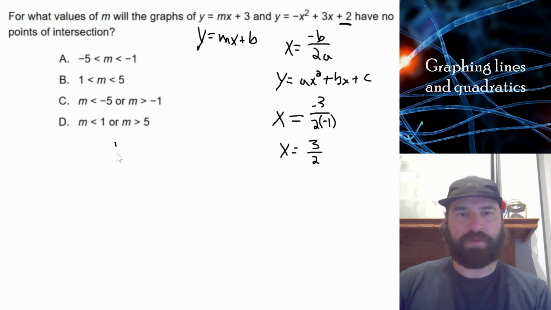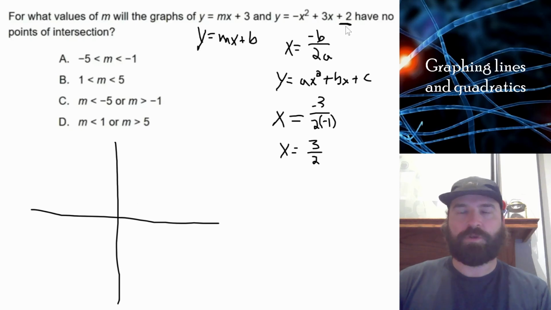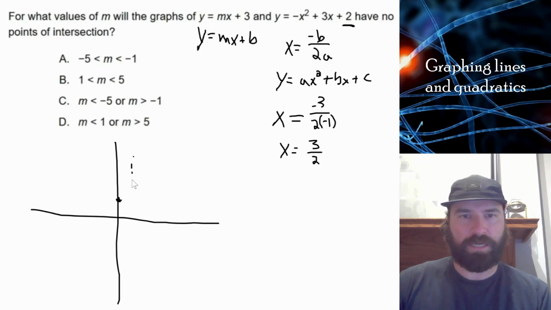So if we graph that, we know enough about this parabola to get a pretty good idea of what's going on. We know that our y-intercept is positive 2 because that's our c value in our equation here. And then we know our axis of symmetry is x equals 3 over 2. So I'm going to draw a dotted line right here. This point is (0, 2).